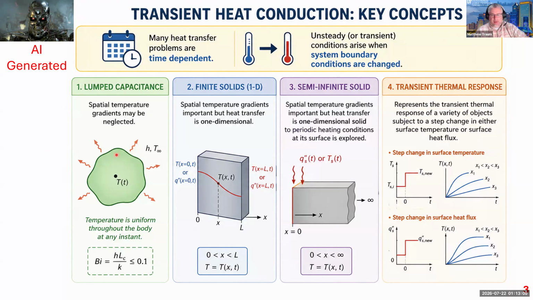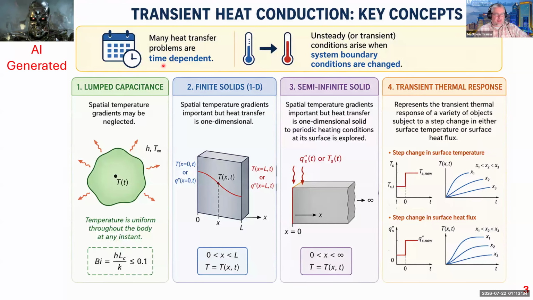I'm trying to be better about using AI to make slides like this. I checked it, and I'm pretty sure it's error free, although you never really know with AI. I'm going to use this slide to anchor all of the discussions we're going to have about transient heat conduction.